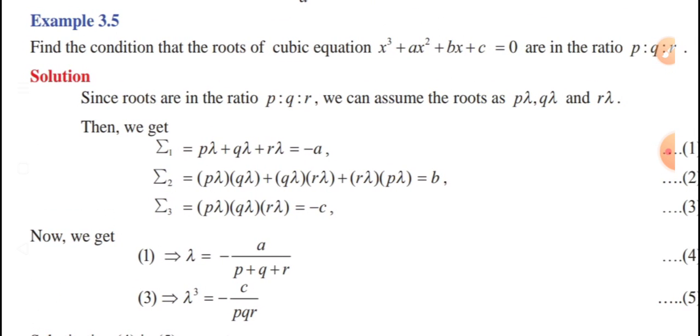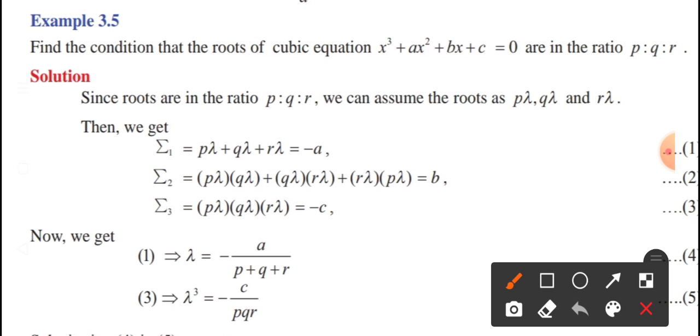Find the condition that the roots of the cubic equation x cube plus ax square plus bx plus c is equal to 0 are in the ratio p is to q is to r. First we assume the roots p lambda, q lambda and r lambda.